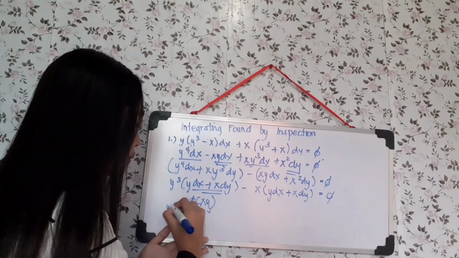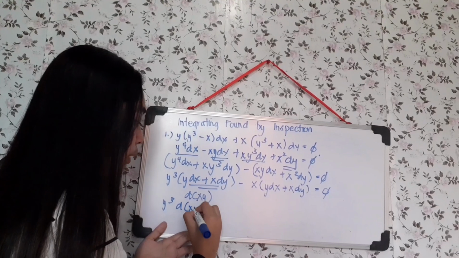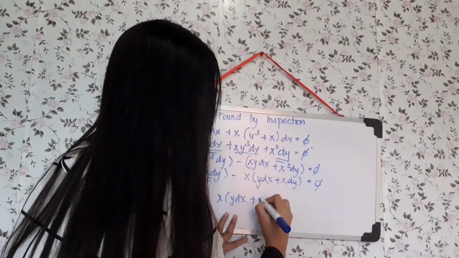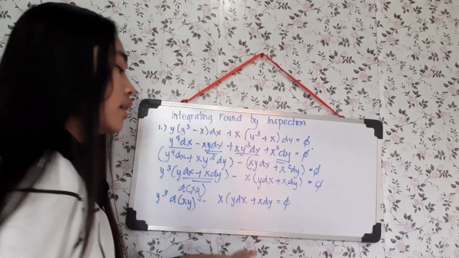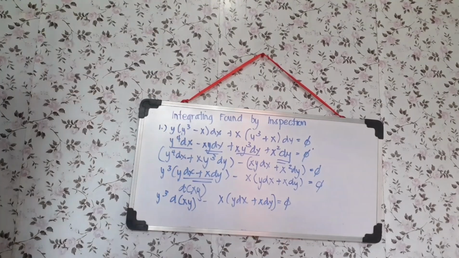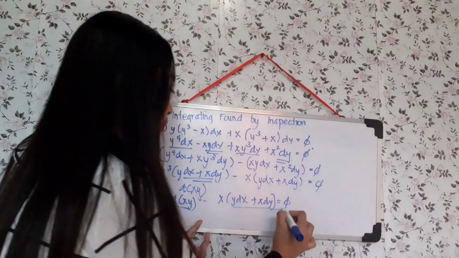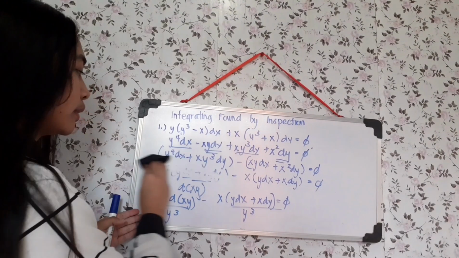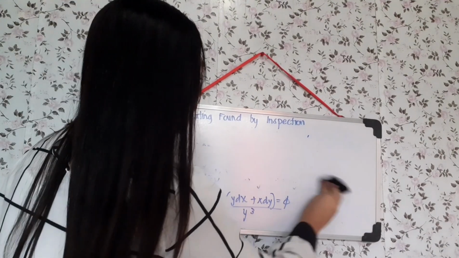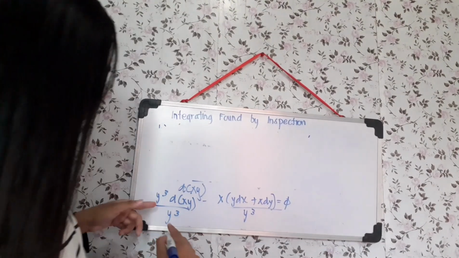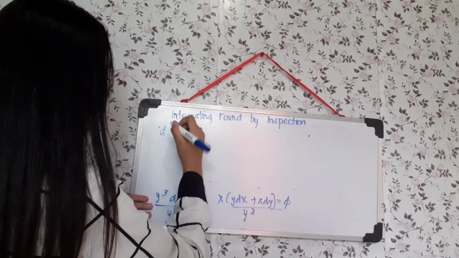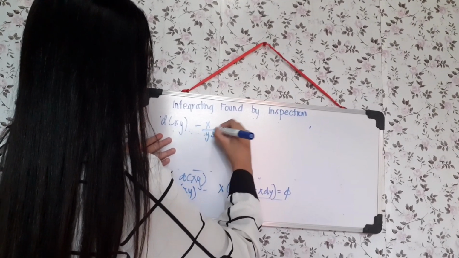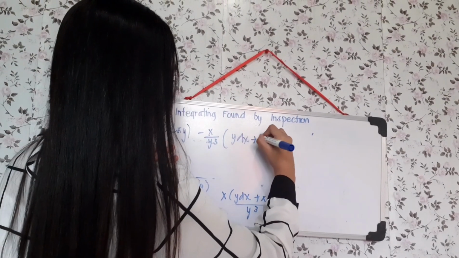So it becomes y cubed times the derivative of xy minus x times y dx plus x dy equals 0. Then divide both sides by y cubed. Now we get the derivative of xy minus x over y cubed times y dx plus x dy.